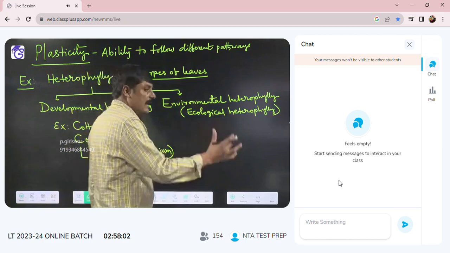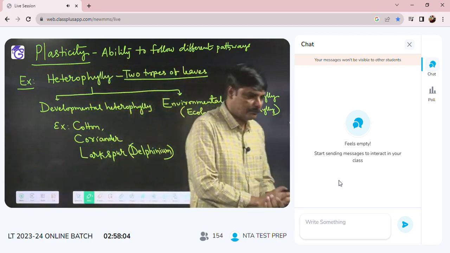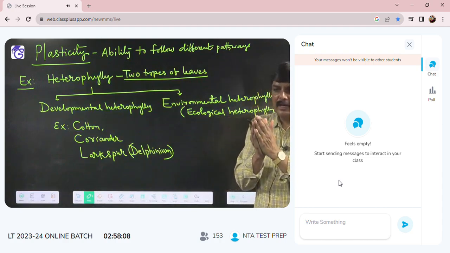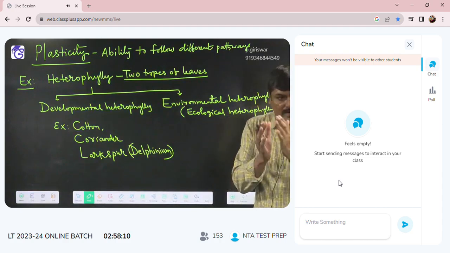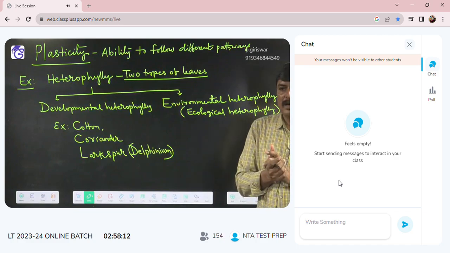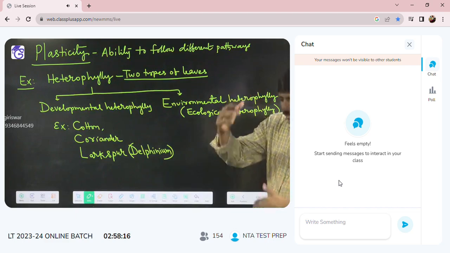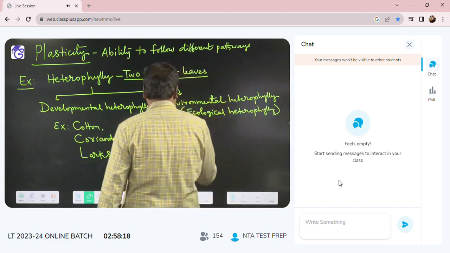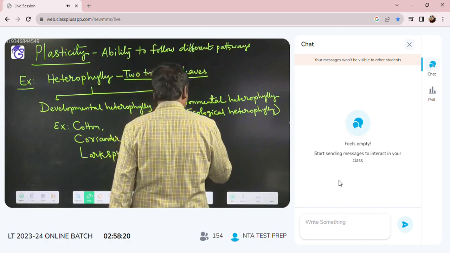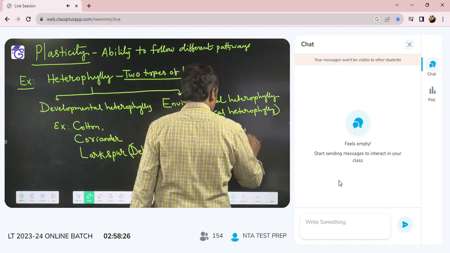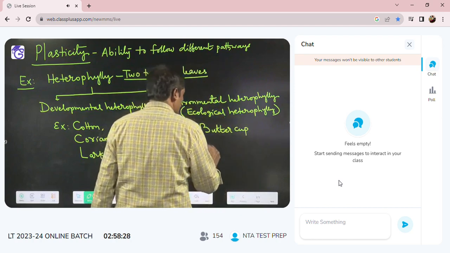Second one is environmental heterophily. One type of leaves is present in the water environment, and another type is present in the aerial environment. The best example for this is buttercup. Its botanical name is Ranunculus.